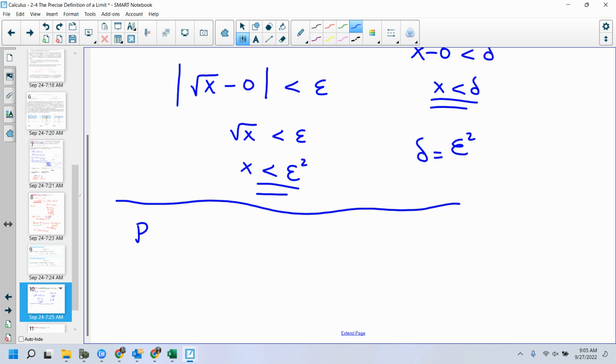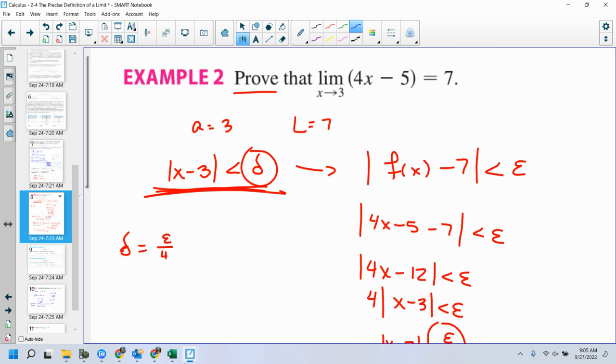Okay, that's all just prep work. Here's our proof. We're given that epsilon is greater than 0. And look at our other proof.